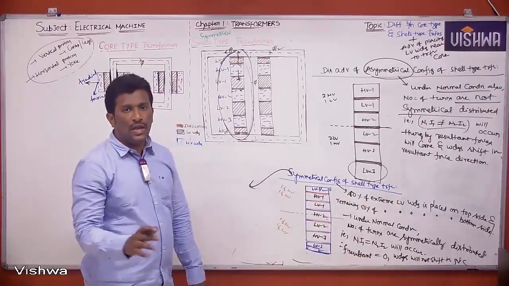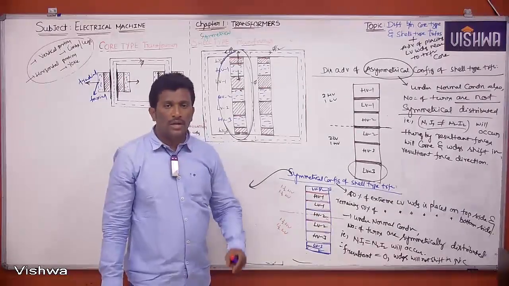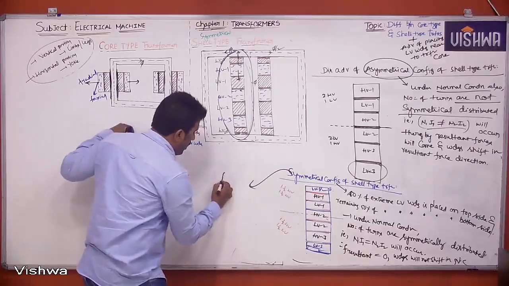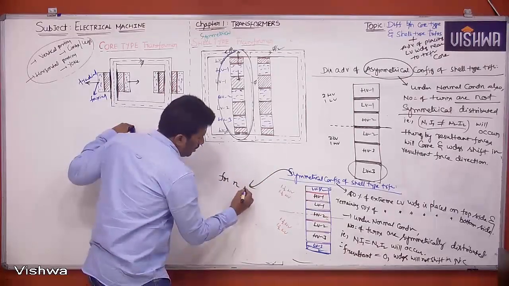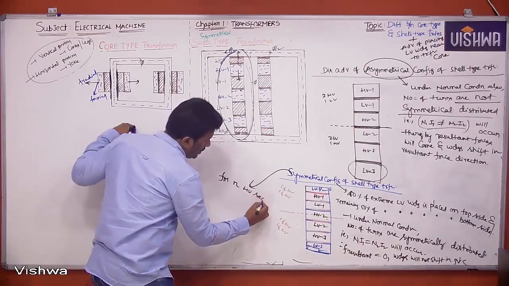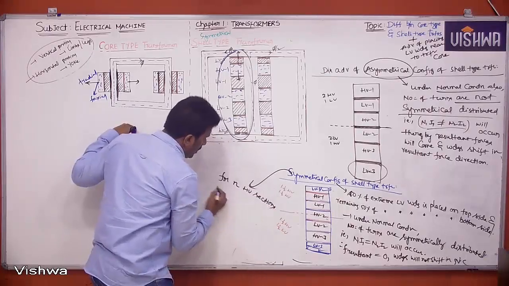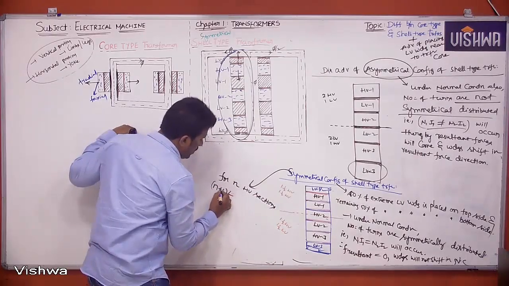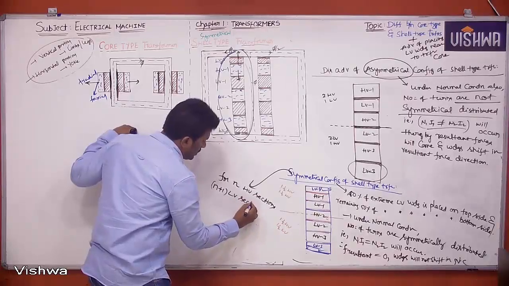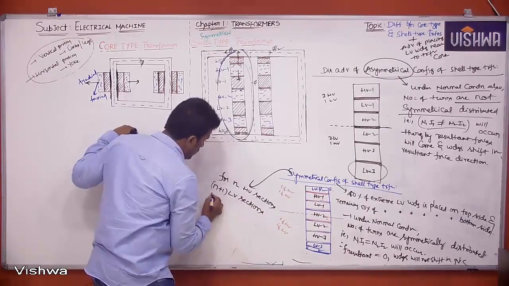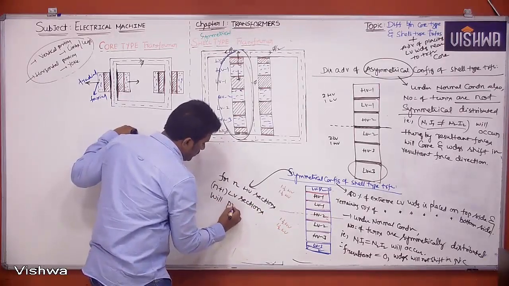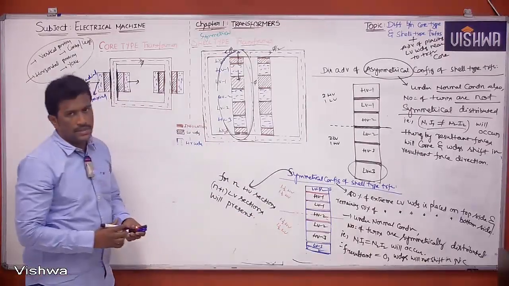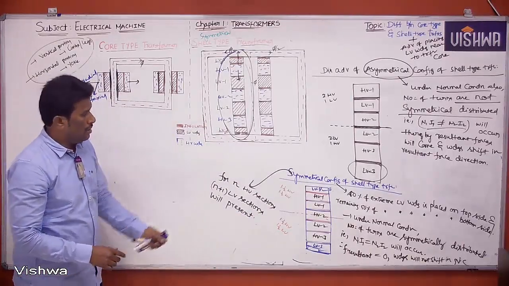Means for 3 high voltage sections, we are getting 4 low voltage sections. So in symmetrical, for n high voltage sections, n plus 1 low voltage sections will be present. Is it clear? Just note down.